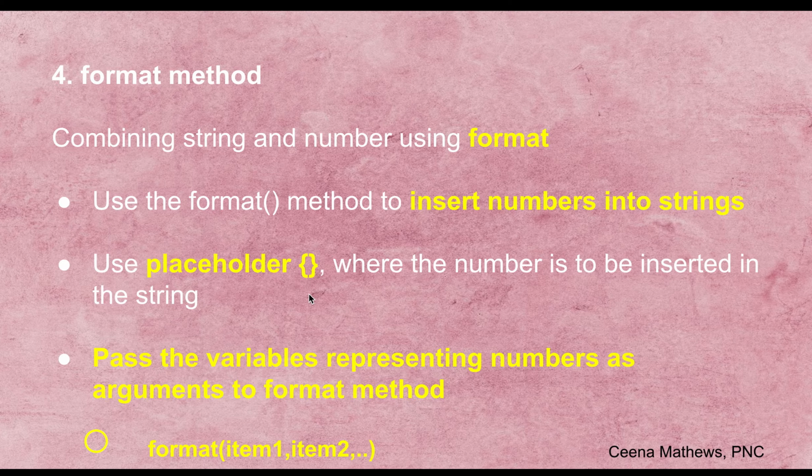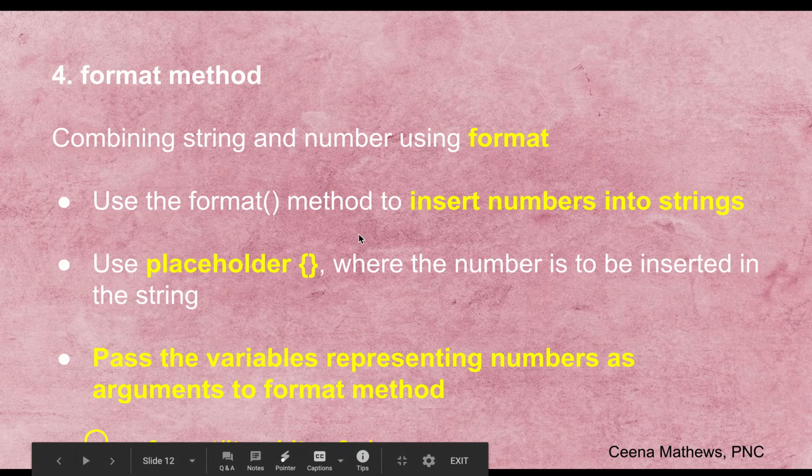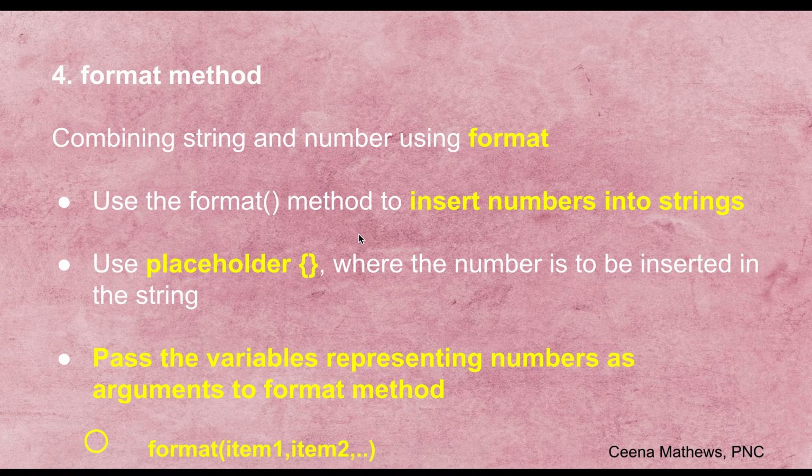Wherever in the string you want to insert a number, use this placeholder. Pass the variables representing numbers as arguments to format method, and you can see in the syntax given, format within brackets you specify the items.